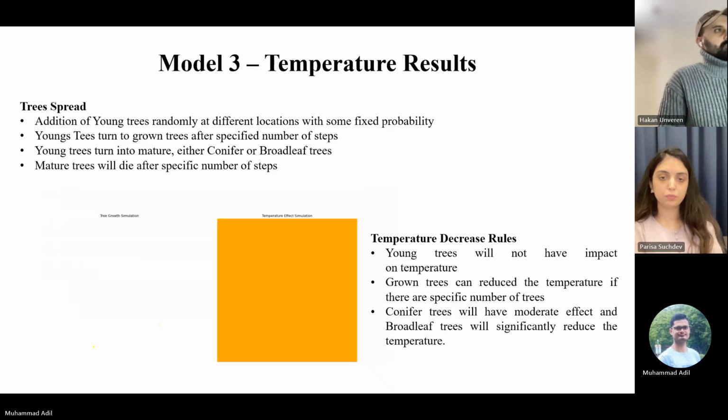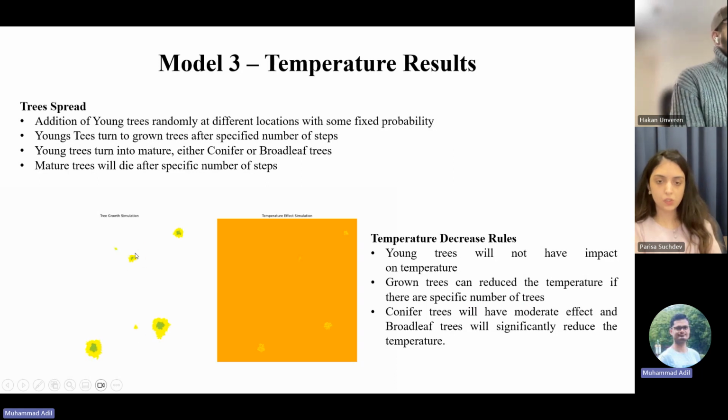we also added in the simulation. So for the temperature and this model's results, we can see that initially we add the young trees at different locations, which is indicated by the yellow cells. And then after some steps, they usually evolve into the next stage, which is the grown stage, indicated by the yellow green here.